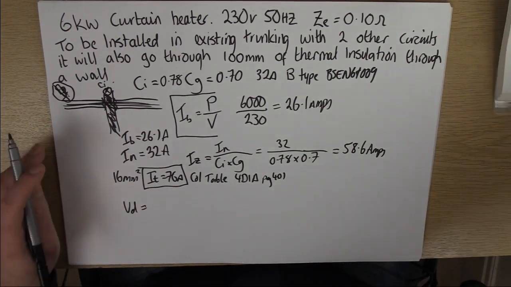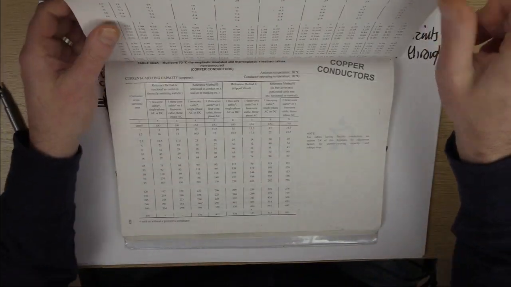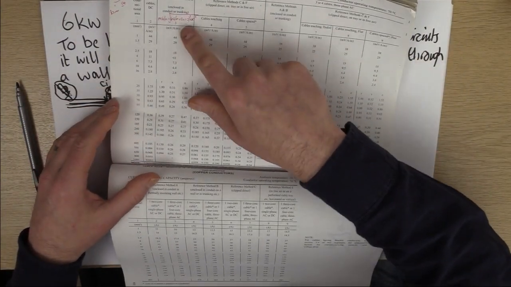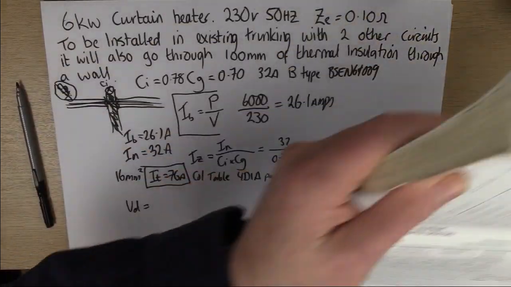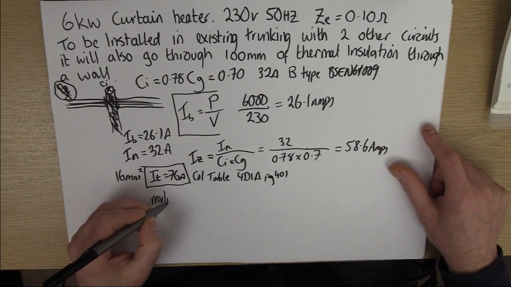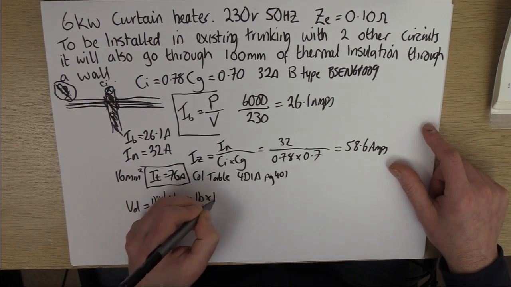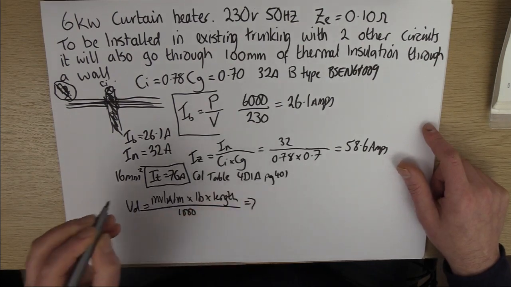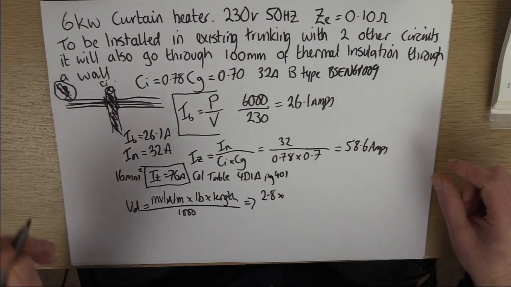Now, millivolt per amp per meter for that. Go to the next page. Single phase A and B, 16 mil, 2.8 is our millivolt per amp per meter number. So I'll just remind you of the equation. So we can put this in, so 2.8 times the length. Damn it, I know I forgot something.